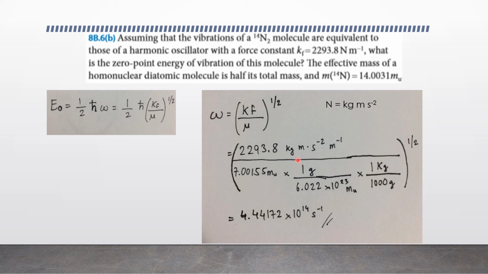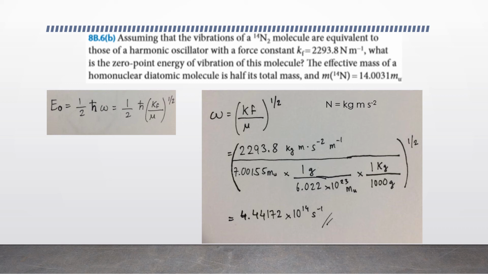And because we want the cancellation of kilograms, we will convert the atomic mass units into kilograms, which can be achieved by converting it first into grams, since 1 gram is equal to 6.022 times 10 raised to 23 atomic mass units, or the Avogadro's number.